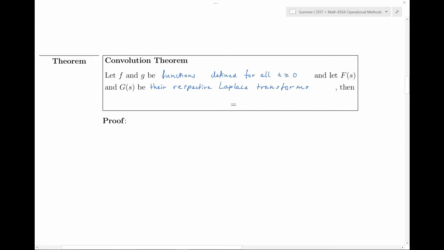Then the Laplace transform of the convolution is simply the product of the Laplace transforms.